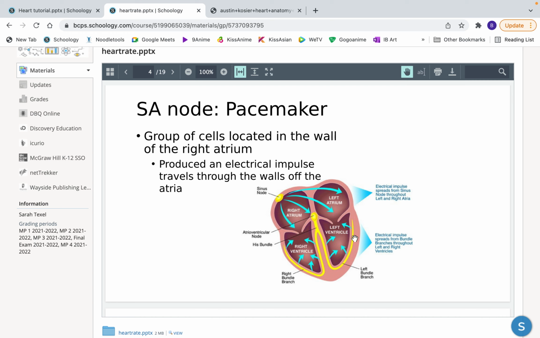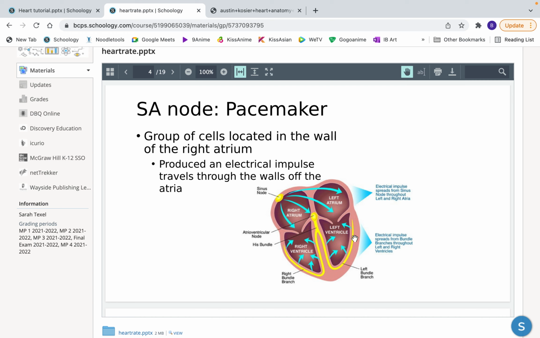We also have a hormone called adrenaline, and there's another one called epinephrine. These are also hormones that tell our heart to speed up. They cannot tell our heart to slow back down, because when there is no more hormone, naturally the heart will slow back down.